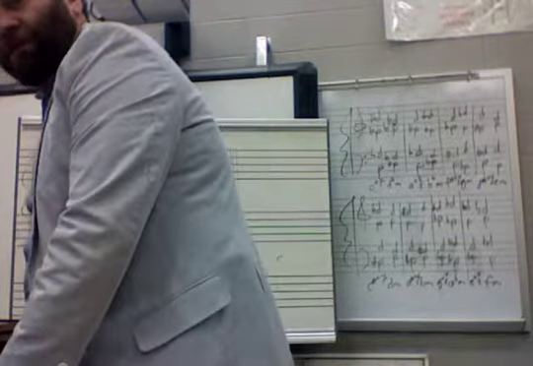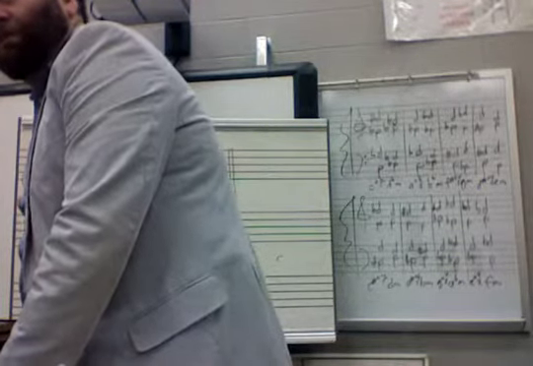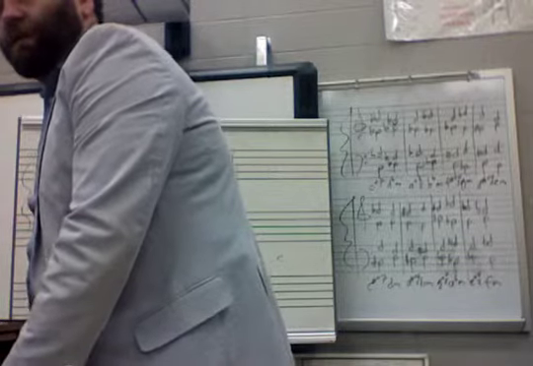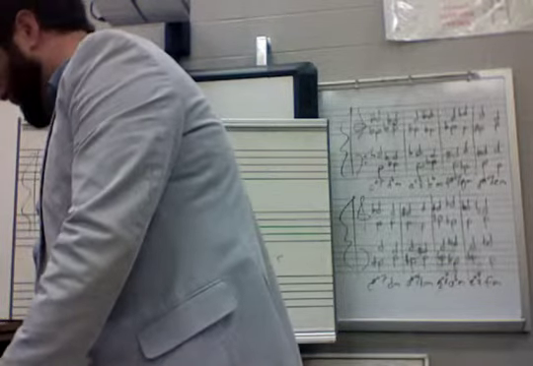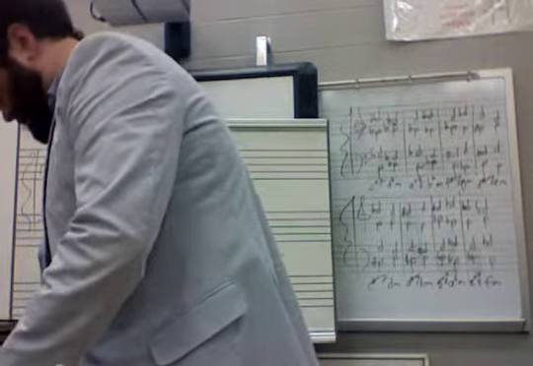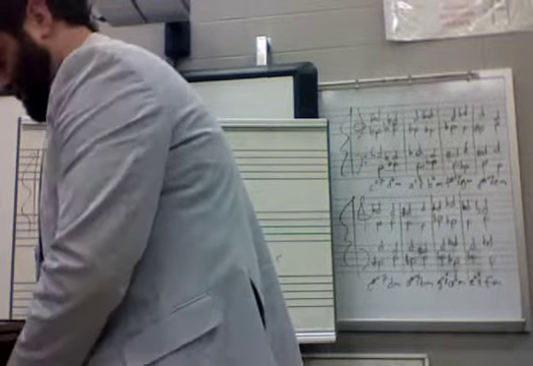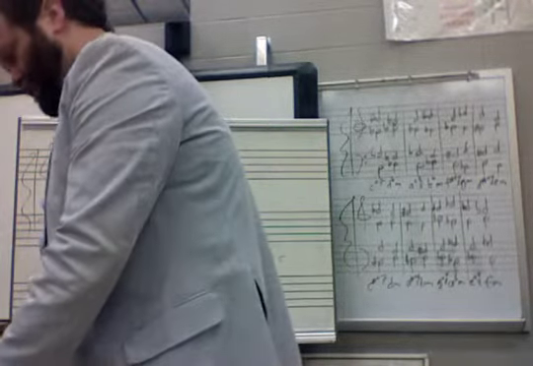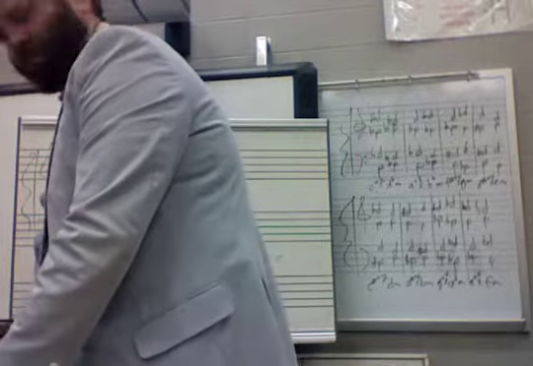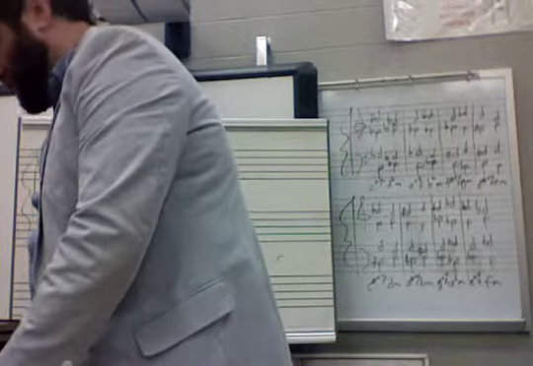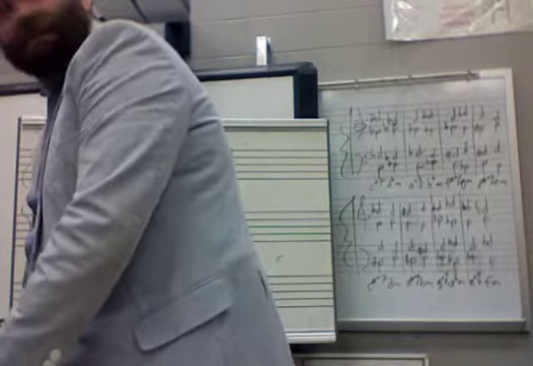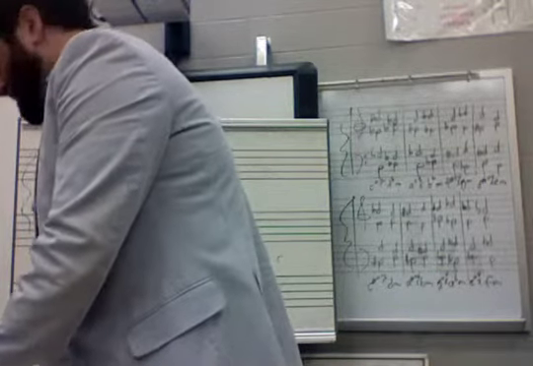Then we can go one of two ways. We could do a weird resolution to a C major, or you could do, say, C is the leading tone and go to some kind of D flat.